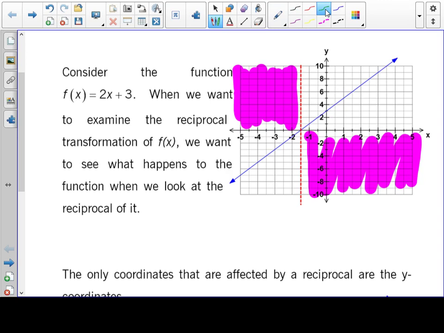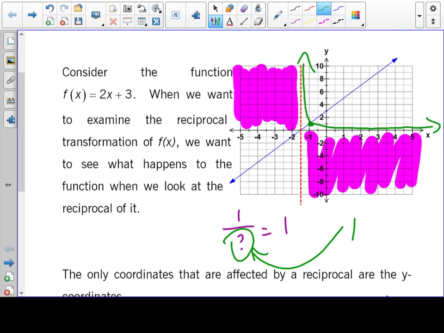And 1 over what? 1 over what is 1? Well, the what is 1. So at 1, it's going to be 1. It's going to go like this. Then it's going to go down, down, down, down, and go down like that.